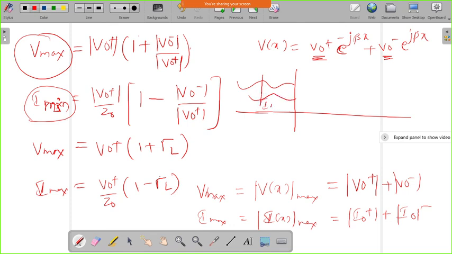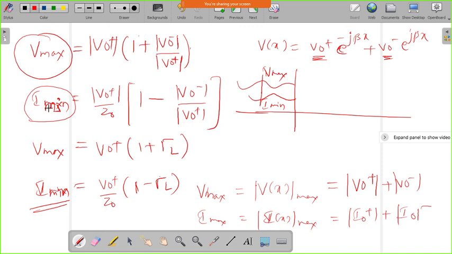That is I minimum, it will come whenever we have V max. So instead of I max we will write I minimum. That is because of the negative reflection coefficient, I will get the I minimum. So V max and I minimum we are going to get.